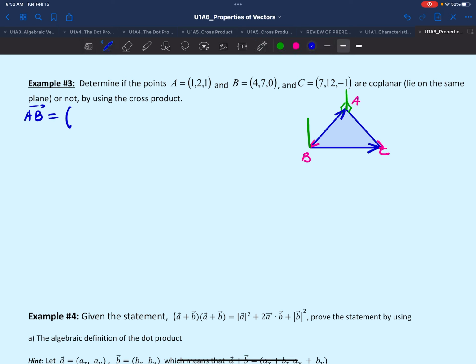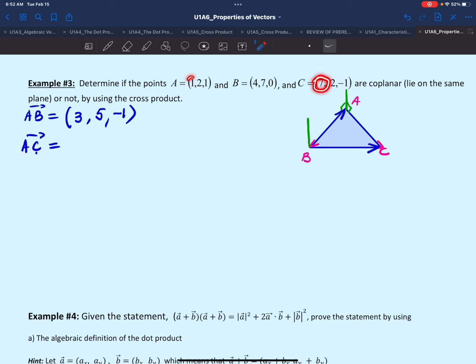So 4 minus 1, that's 3. 7 minus 2, that's 5. And 0 minus 1, that's negative 1. Vector AC. Vector AC, again, C is the head, A is the tail. So from the head, subtract the tail.